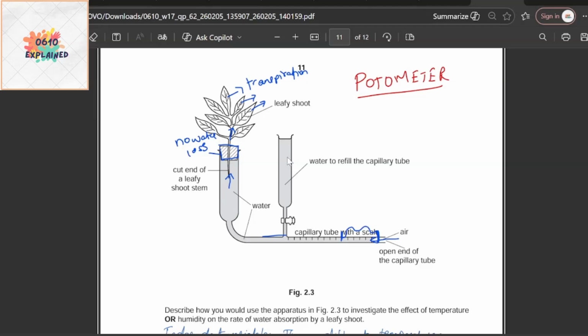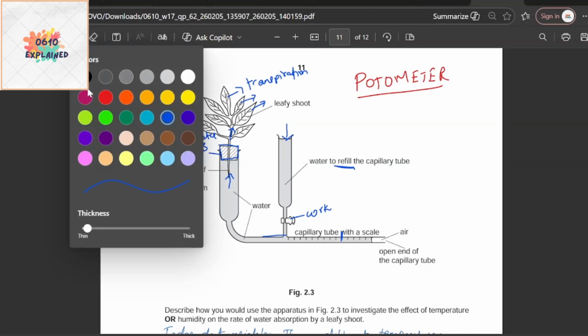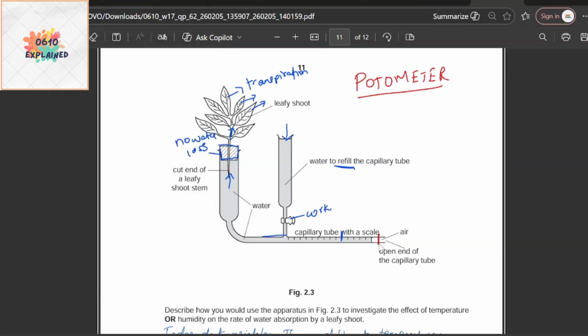Now here you can see an apparatus which is attached to the potometer, or it is a part of the potometer where the water is filled. There is a cork provided over here. The main function of this is to refill the capillary tube. I will show you. So when we want to repeat this experiment, we will have to fill the water back up till here.